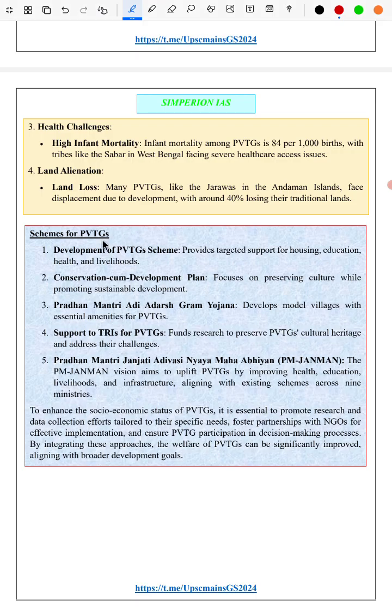Development of PVTG schemes provides targeted support for housing, education, health and livelihood, conservation cum development plans, Pradhan Mantri Adi Adarsh Gram Yojana, support to the TRIs for PVTGs, Pradhan Mantri Janjati Adivasi Nyaya Maha Abhiyan. So these are the schemes related to the PVTG.